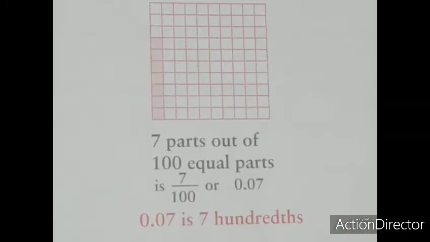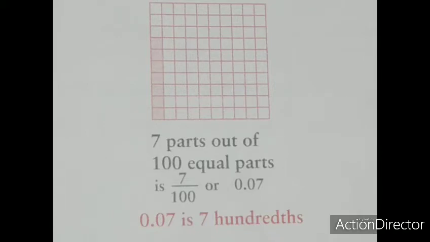Now students, here we take one example, because we already discussed the tenths, right? When we take tenth equal parts, each part denotes 1 upon 10, and we write in decimal as 0.1.